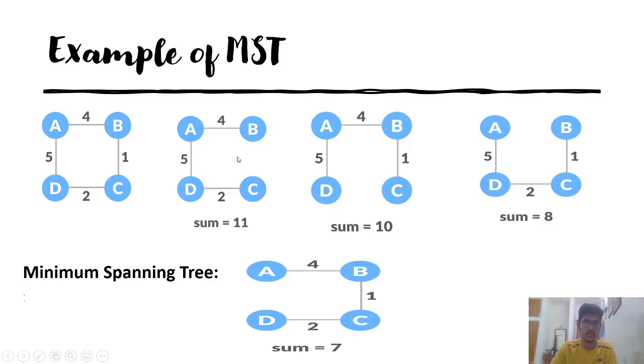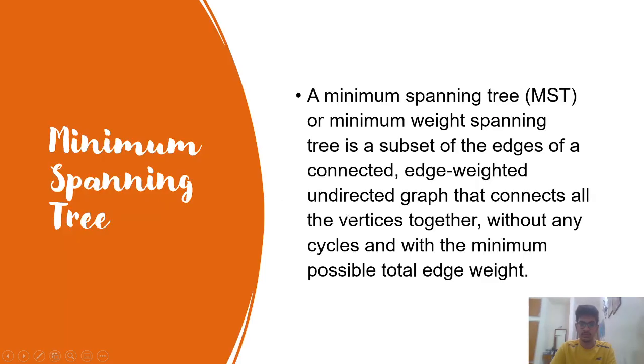But in this, there are 3 edges here, and when we add the weights of the edges, we get the sum as 11. And in this subset we get the sum as 10, and in this subset we get the sum as 8. But what is a minimum spanning tree? A minimum spanning tree is the spanning tree with the minimum possible total edge weight.